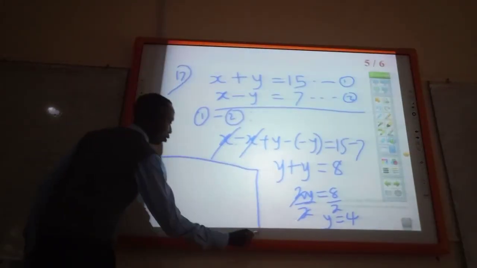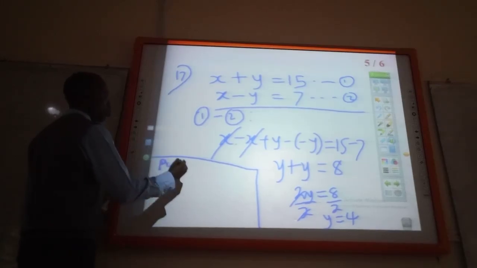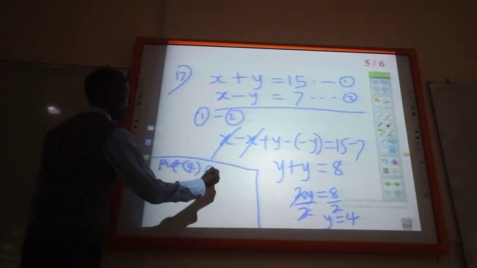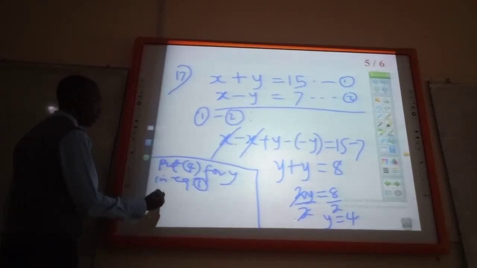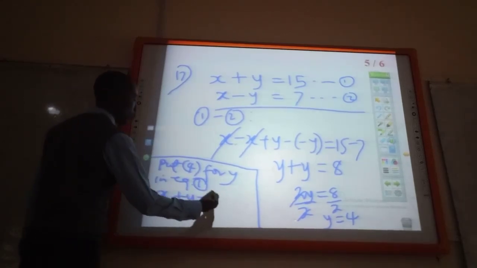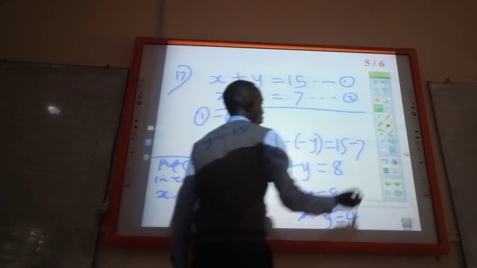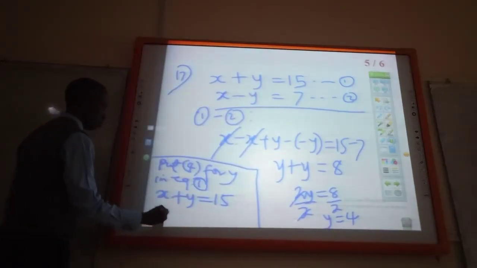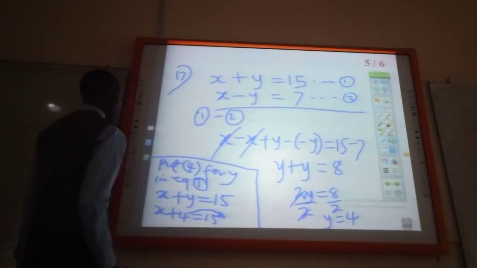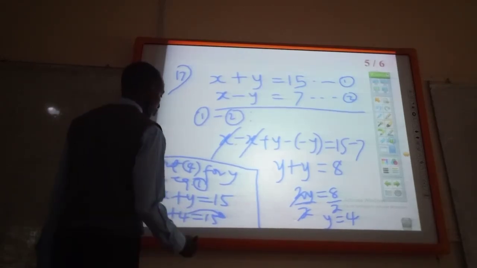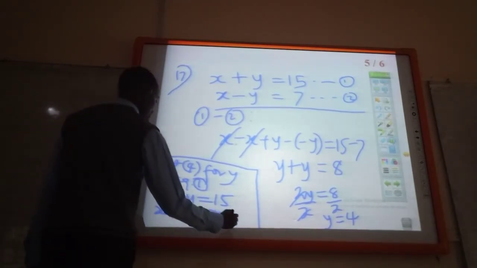We can substitute the value of Y in equation 1, put 4 for Y. If we do that, X plus Y equal to 15, and Y is 4, right? If Y is 4, it is X plus 4 equals 15. If I cross it, what do you think my X will be?